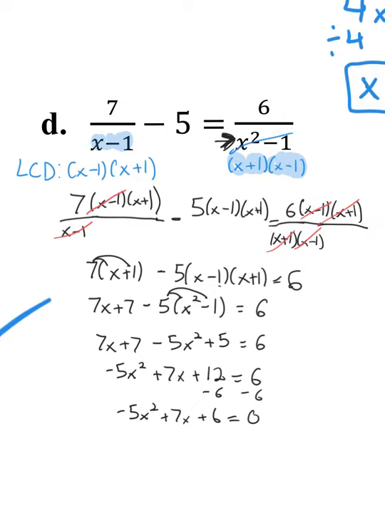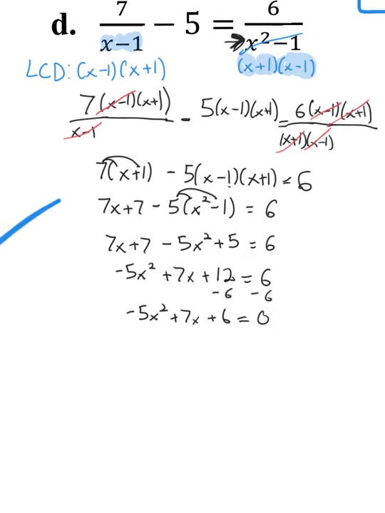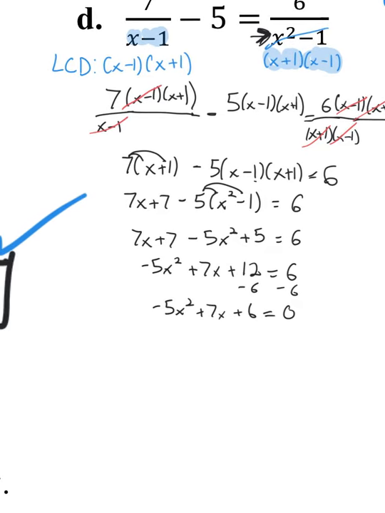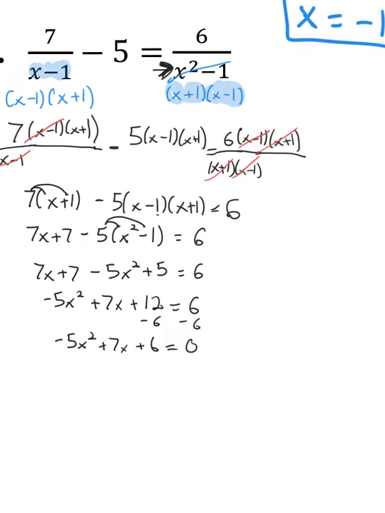That's kind of annoying. That's a tough problem. But now, what I can do is try the factor box method, or I can try the quadratic formula if I don't want to worry about the factor box method. I'm just going to go ahead and do the quadratic formula because it looks kind of tricky.